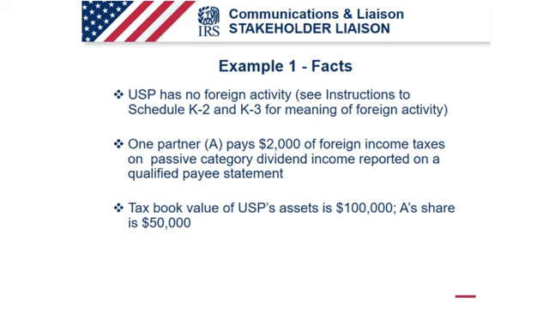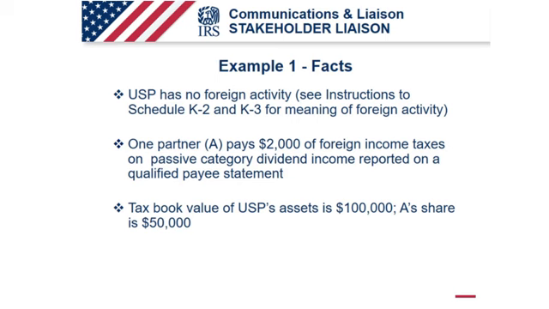So first, I will go through just the basic background facts before we get into the analysis. First off, the partnership has no foreign activity and meets the domestic filing exception, so it's not otherwise required to file the K-3.